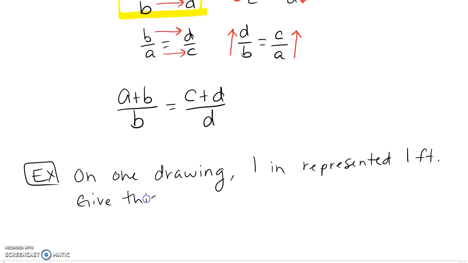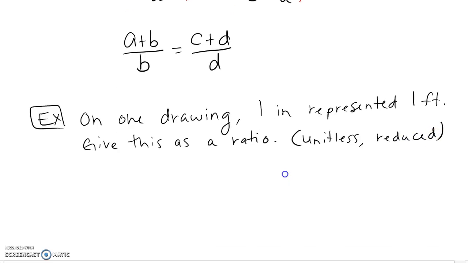Give this as a ratio. And implied is I want it to be unitless and I want it to be reduced. They don't always tell you that in the problem, but they always mean that.